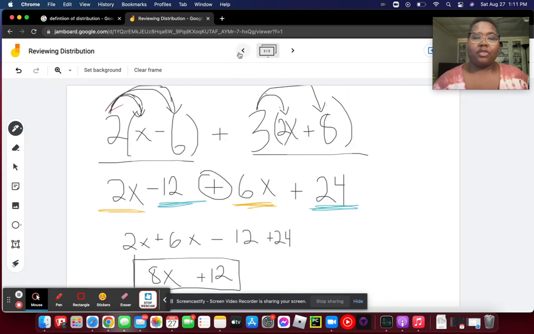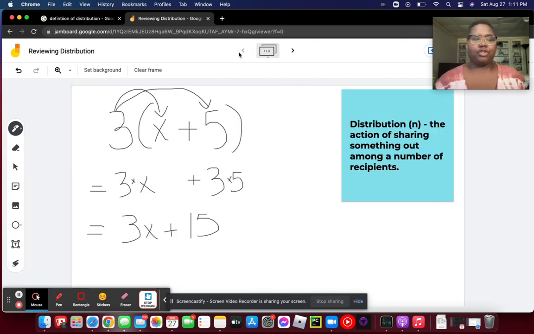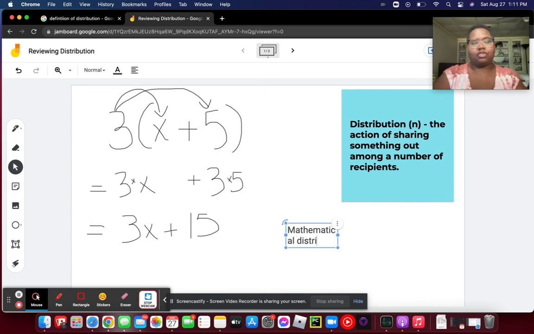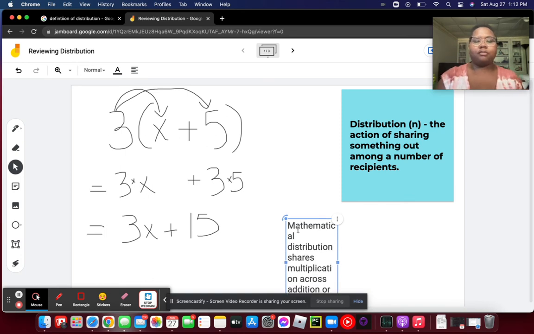So we've seen 3 examples of distribution. Mathematical distribution is the action of sharing multiplication across addition or subtraction.